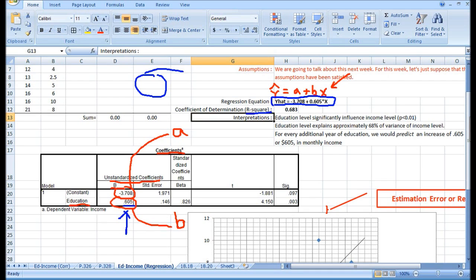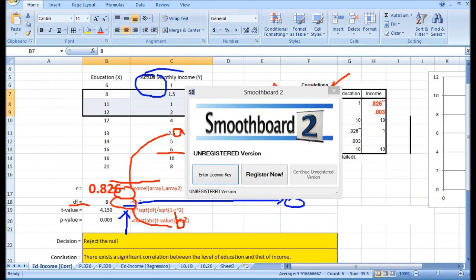So where is the p-value for this regression coefficient? Here, 0.003. Do you remember this 0.003? Back to the first correlation analysis.